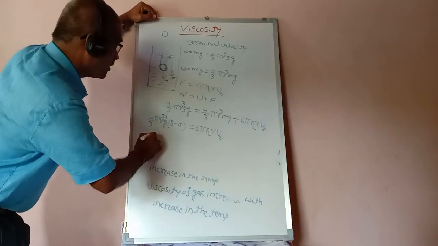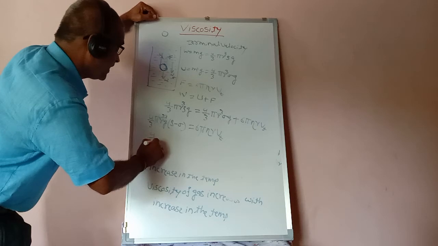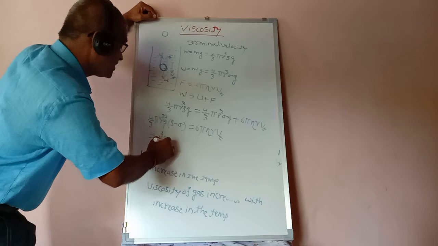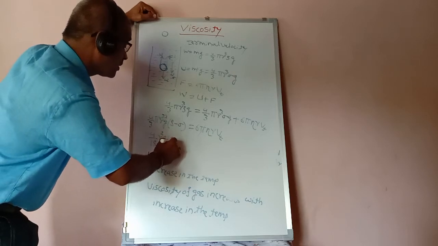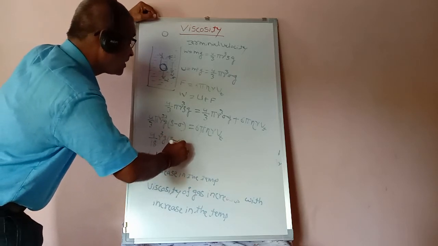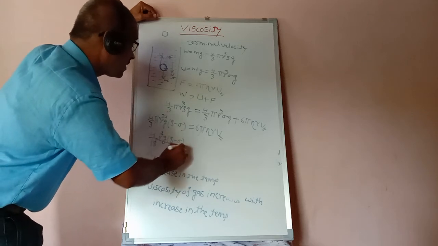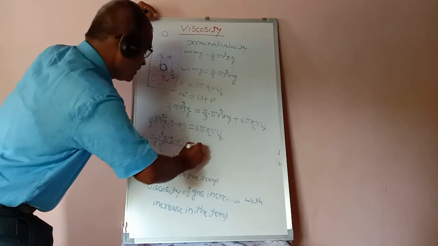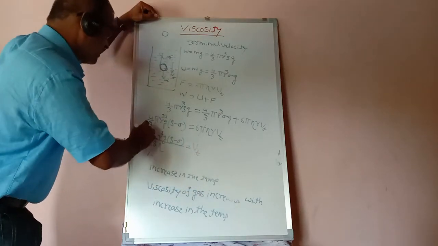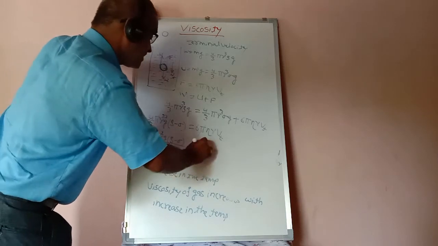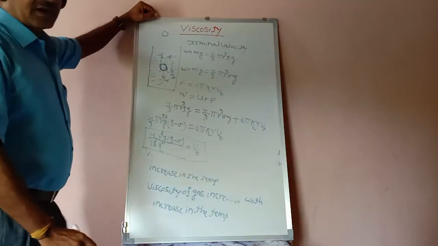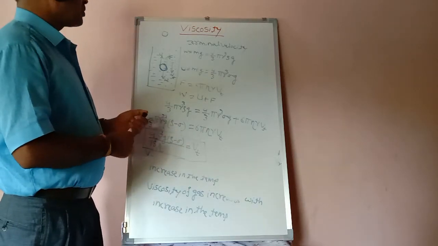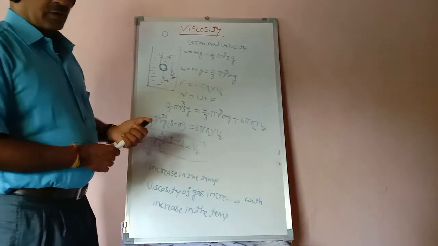Therefore, 4 divided by 18, that is 2 by 9, r square into g into (rho minus sigma) divided by nu is equal to Vt. This is the terminal velocity expression. Okay, this is about terminal velocity.